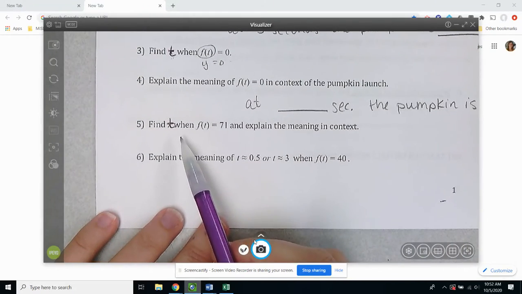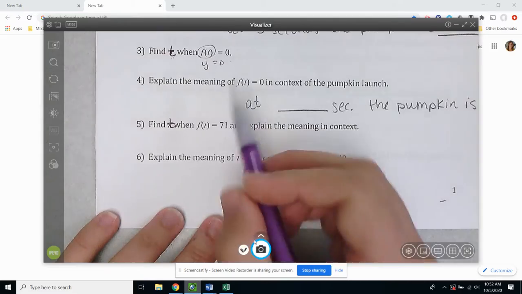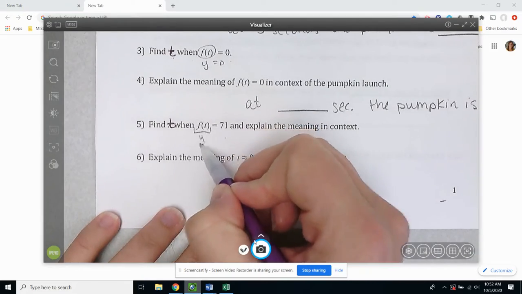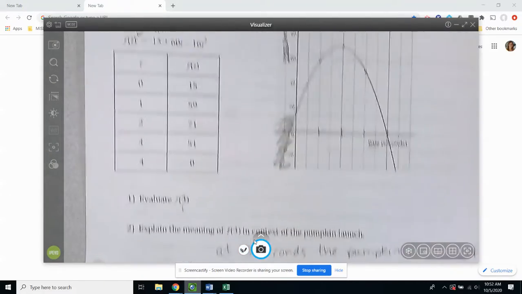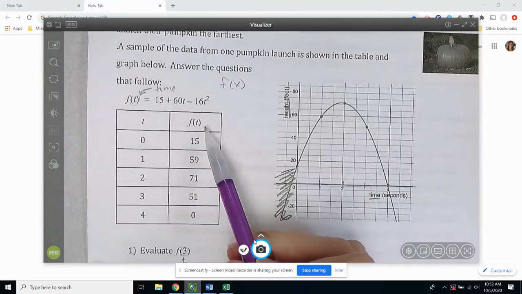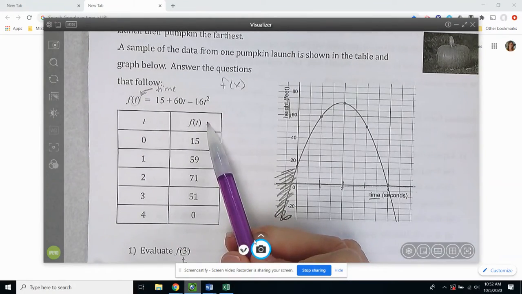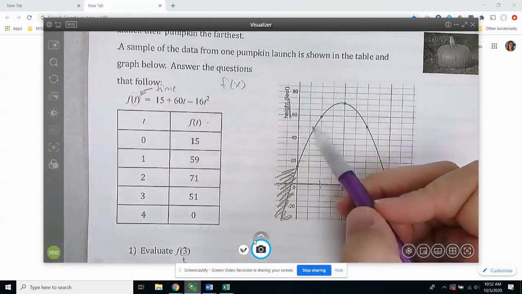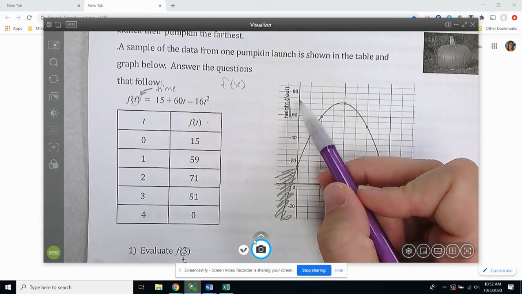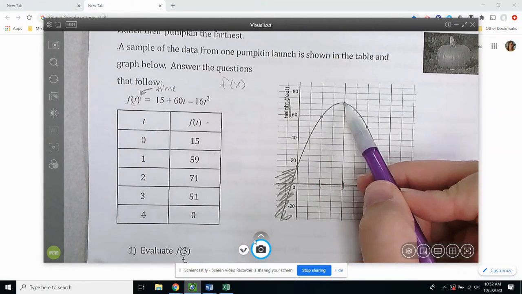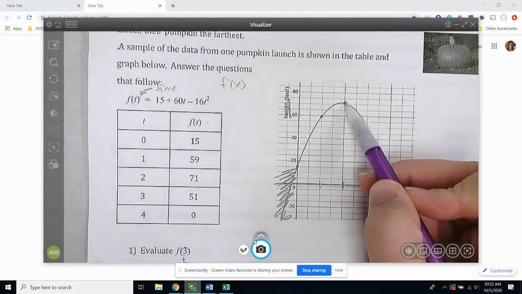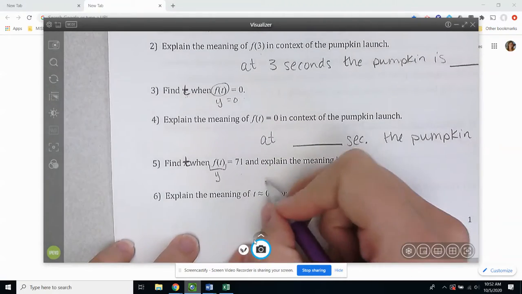The next one says find t when f of t is 71. So this is just your y value. So you can either go to your table, find when f of t is 71, or you can go to your graph where it's 71. So here's 60, here's 70, here's 71. It looks like it's about here. So you fill in these blanks.